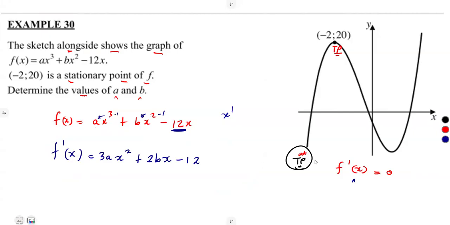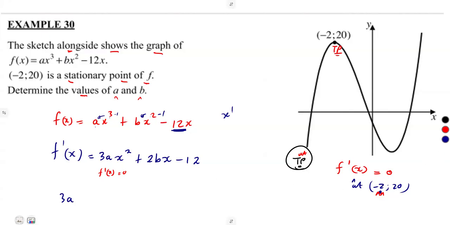But this first derivative is equal to 0 at our turning point, at minus 2, minus 20, where x is minus 2. The first derivative is equal to 0. So you can put that into consideration now: since the first derivative is supposed to be equal to 0 at this point where x is minus 2, let us take our first derivative, 3a.